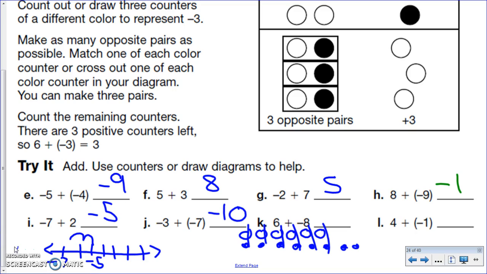And then we're left with 2 closed circles, which are our negatives, so our answer is -2. For L, we have 4 plus -1, which really becomes 4 minus 1, which gets us 3. Make sure you have all the work copied down and glue this page in your math notebook.